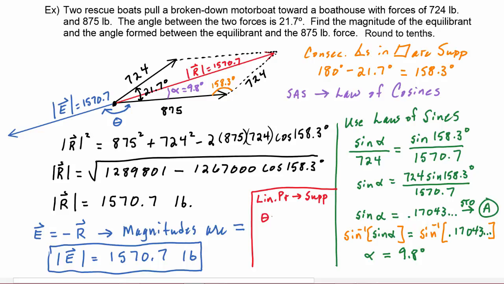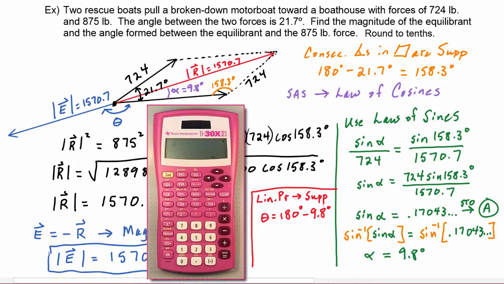So theta is going to equal 180 degrees minus 9.8 degrees. We enter that in our calculators. 180 minus 9.8, and we find out that theta is equal to 170.2 degrees.